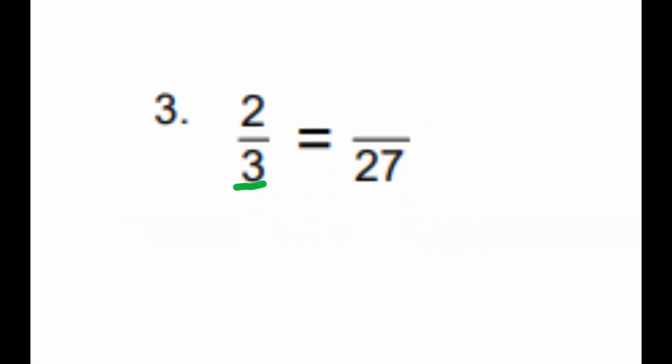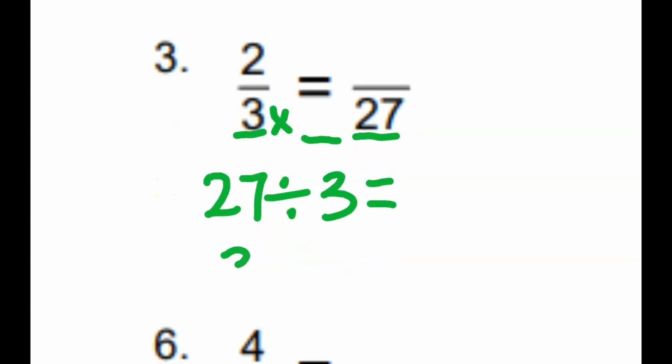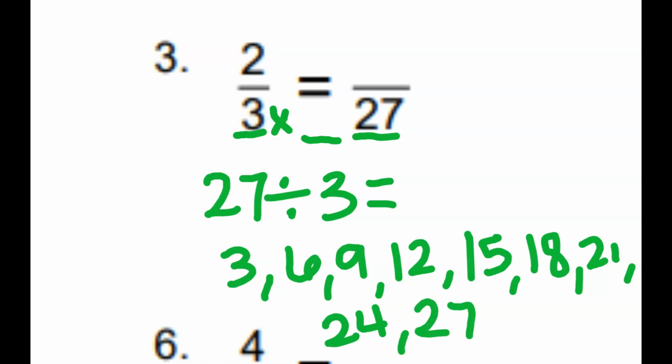This is going from a smaller denominator to a larger denominator, so we will be multiplying. If it goes from small to large, we're multiplying. We'll use fact families to help us find the missing number. 27 divided by 3. Well, I can count by 3 until I get to 27. 3, 6, 9, 12, 15, 18, 21, 24, 27.